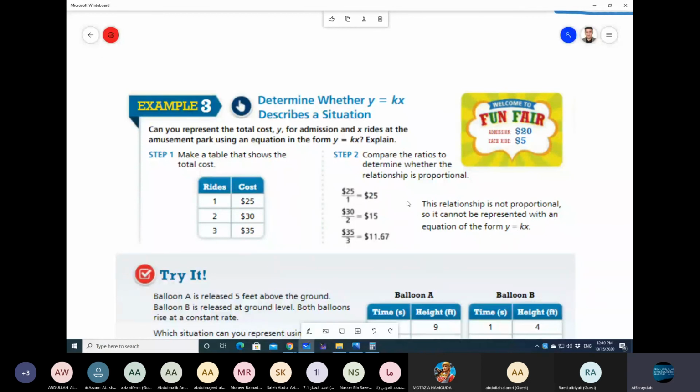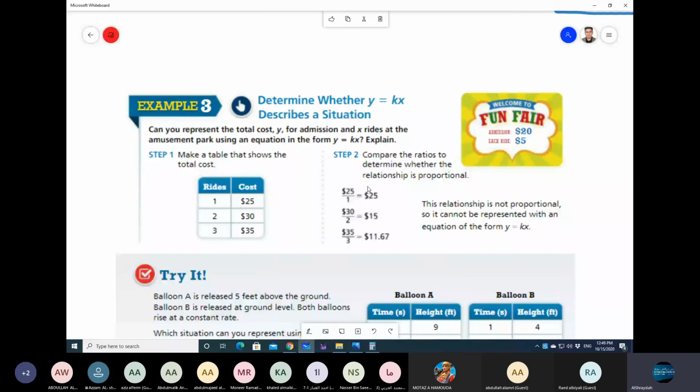So first you have to check if the relation between the two quantities is proportional or not. If it's proportional, you can use y equals kx. If it is not, then you cannot represent the relationship between x and y by y equals kx.